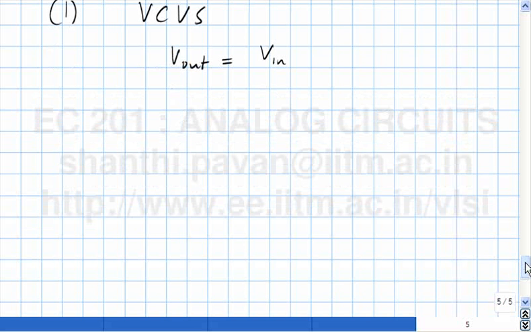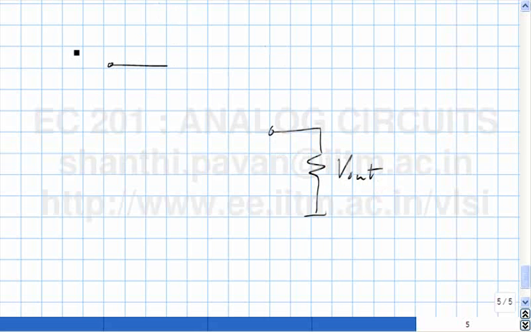And what are the attributes of an ideal voltage controlled voltage source? Z in must be infinity, Z out must be 0. In other words, regardless of the value of the load resistor I put at the output port, the output voltage must be the same as the input. So assume these are all incremental signals.